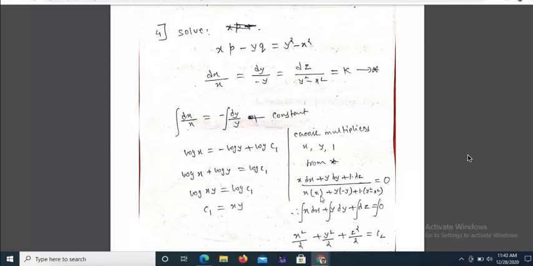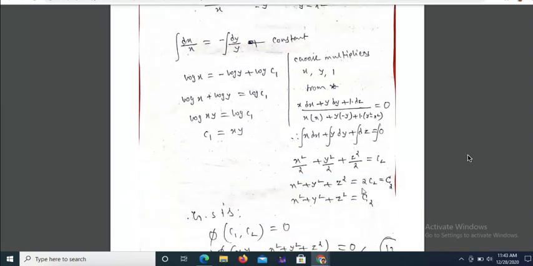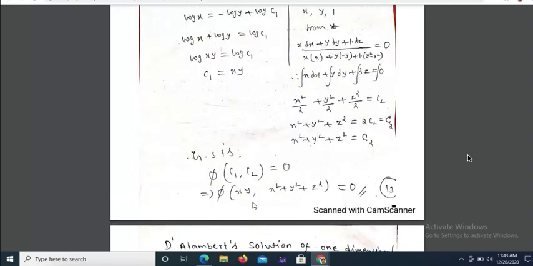You are getting 0, since x square minus y square and y square minus x square get cancelled. Integrate on both sides so that you get C2, with 2 C2 multiplied by 2. So phi of C1, C2 equal to 0, with the C1, C2 values here.